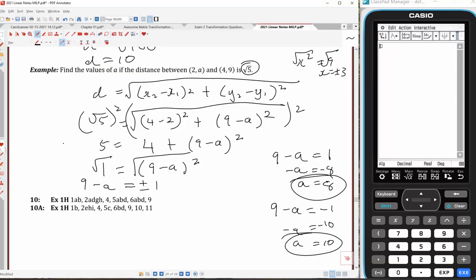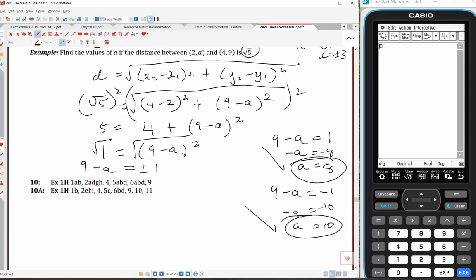So what we're going to suggest is that A equals 8 and A equals 10 both produce a distance of root 5. So they're both acceptable solutions. A equals 10 and A equals 8 are both solutions to this problem. All right, so test yourself out against those questions there. Let me know if you have any problems.